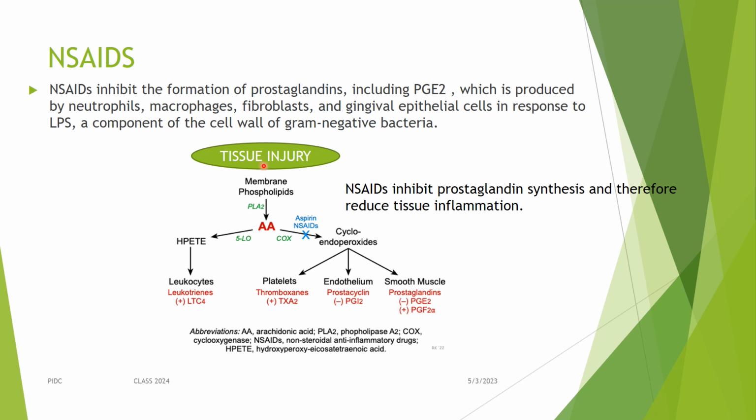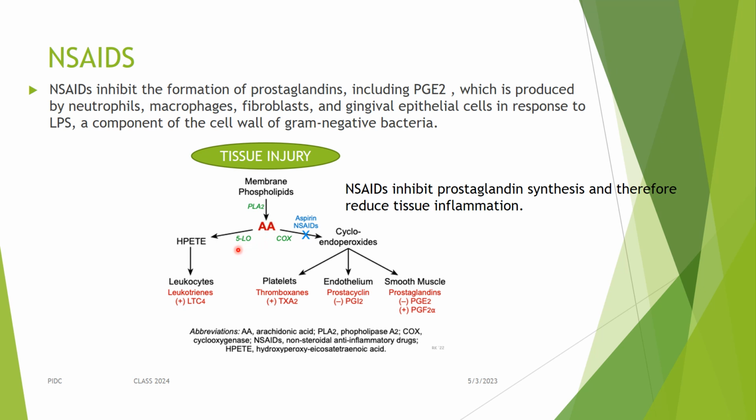So any type of injury which takes place, what happens is that the membrane phospholipids get activated, and it starts the arachidonic acid cycle pathway. So this is all in your second year pharmacology. We are just brushing up the aspects. Okay, so remember, this is the arachidonic acid pathway which gets activated. When any injury is there, this pathway gets activated, and this has two mechanisms.